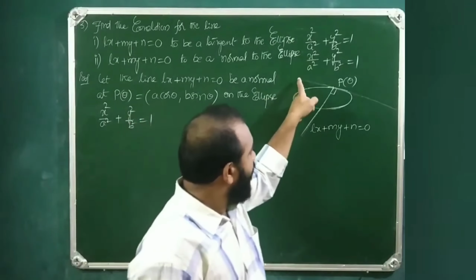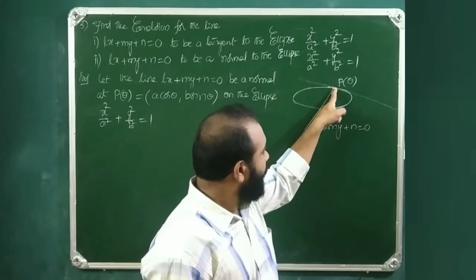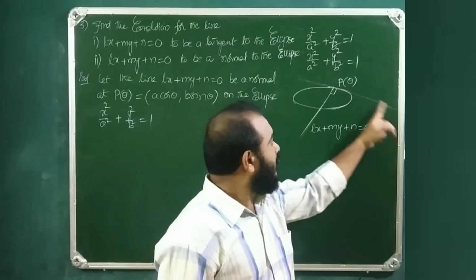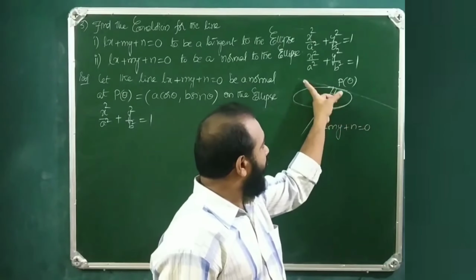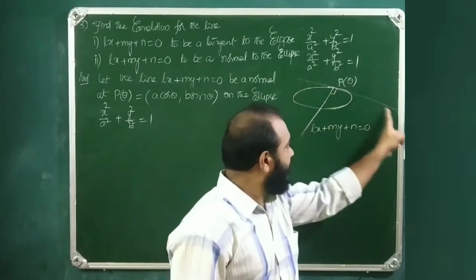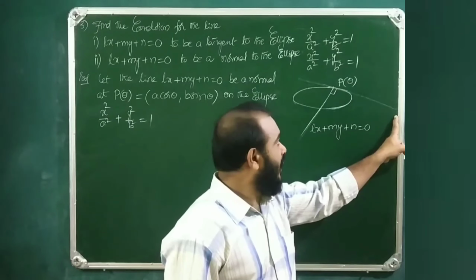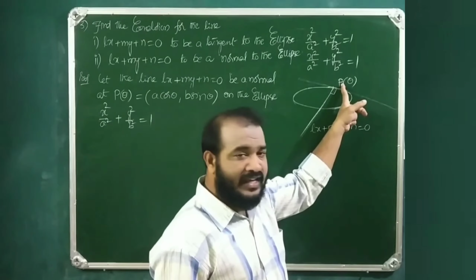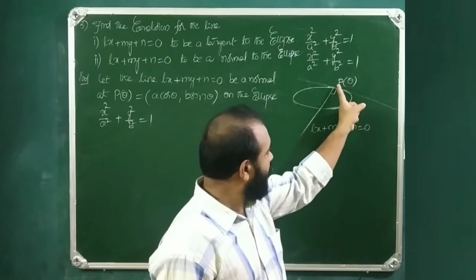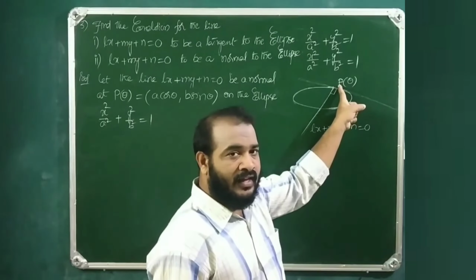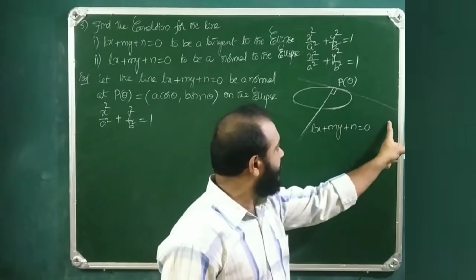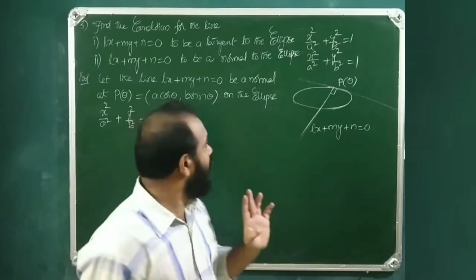Normal means, let us suppose at this point, this is the tangent. The tangent is a line which touches this ellipse at only one point. The line which is passing through the point of contact of this line and the ellipse, and perpendicular to this tangent, is a normal.